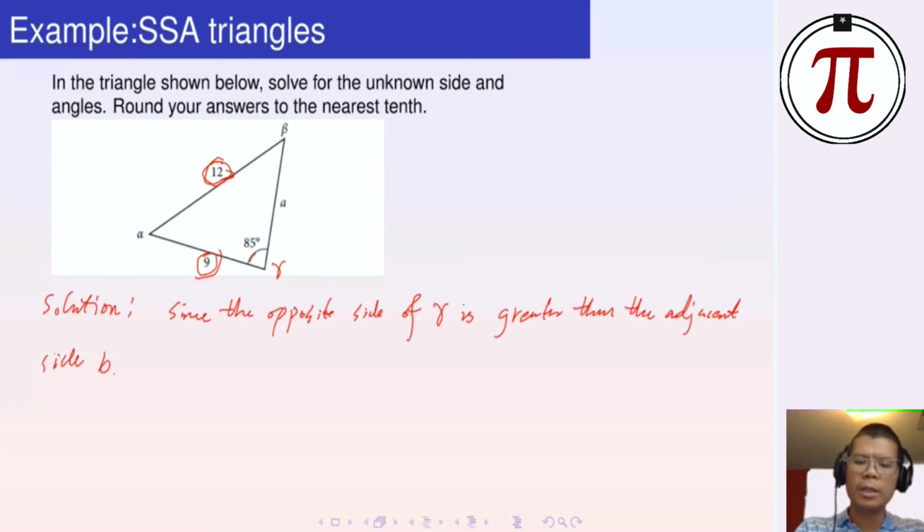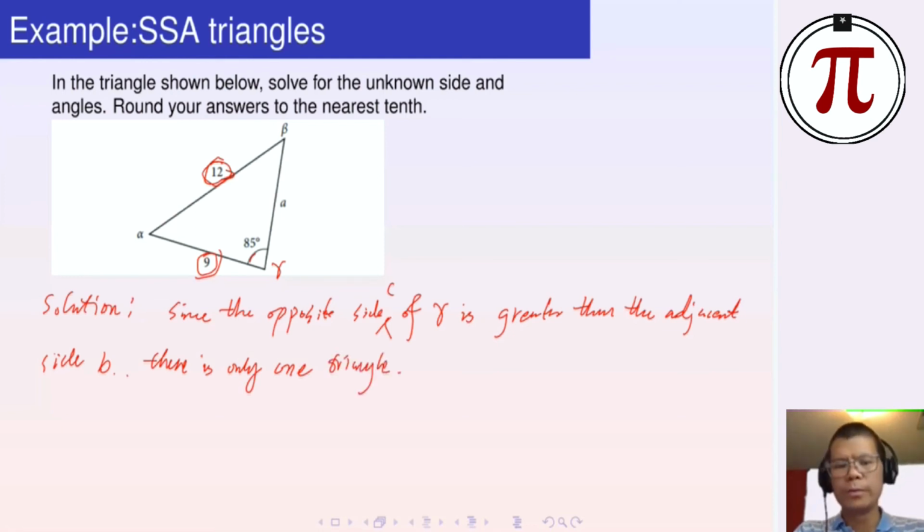The opposite side is C, all right? C is greater than the adjacent side B. There is only one triangle shown in the figure here, okay? So everything becomes easy for this one, right?